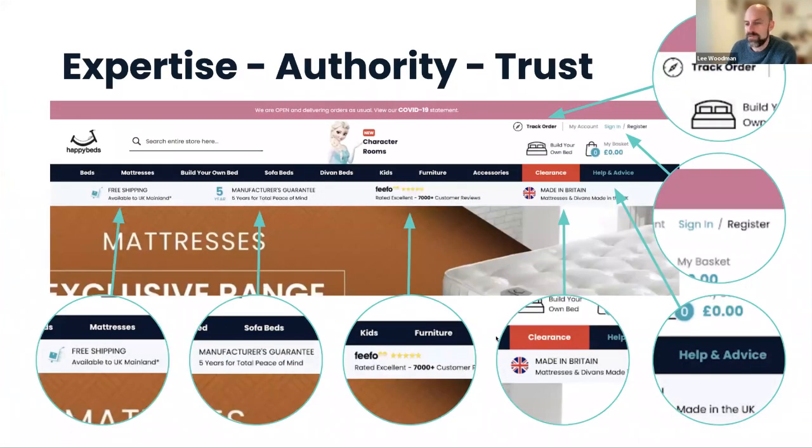So, each of these elements, I've literally just landed on there. It's my first experience with the brand. There are things on there which are giving me confidence to take the next step with this brand. What are the chances of me being one of the 7 or 8,500 people that doesn't have a 5-star experience with these guys? Probably pretty low.